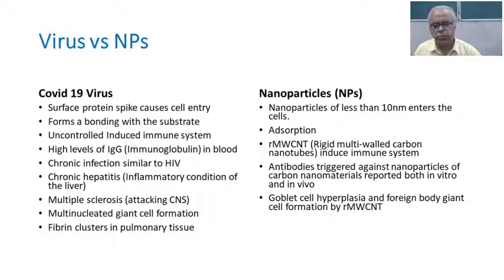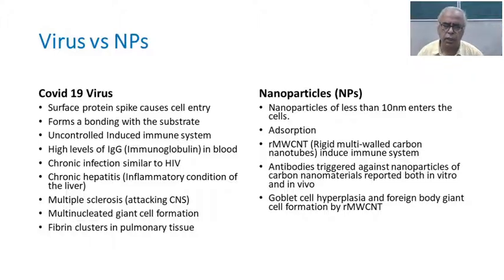The fibrin that is responsible for clustering, particularly in the pulmonary tissue, will form giant-like masses inside the lungs. Now let us consider the nanoparticles. They have the similar nature.